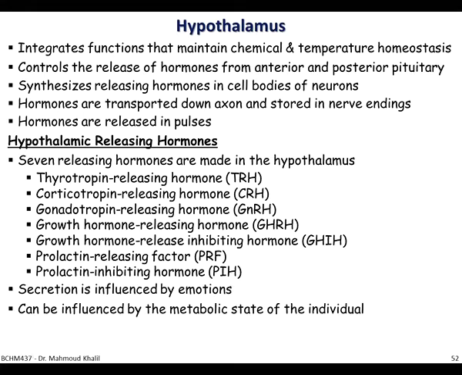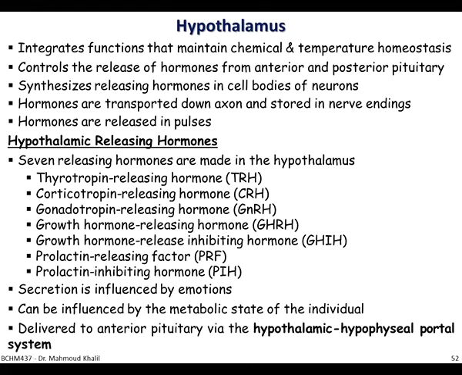The secretion of these releasing hormones can be affected by emotions and by the metabolic state of the individual. Okay? These releasing hormones are delivered to the anterior pituitary gland via the hypothalamic hypophyseal portal system.